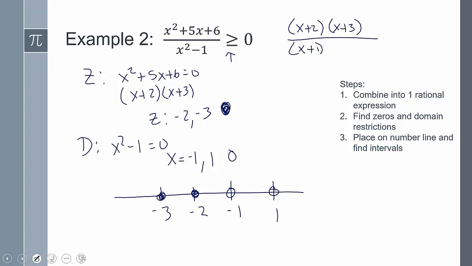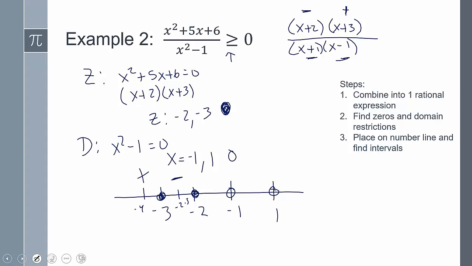So this is just the function completely factored. If I plug in -4, you're going to get a negative, a negative, a negative, and a negative. That's 4 negatives, so this is going to be a positive. For -2.5, if I plug that in, you're going to get a negative, a positive, a negative and a negative. So that's going to be negative.